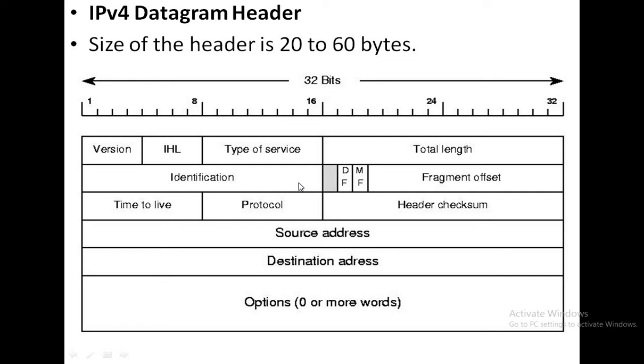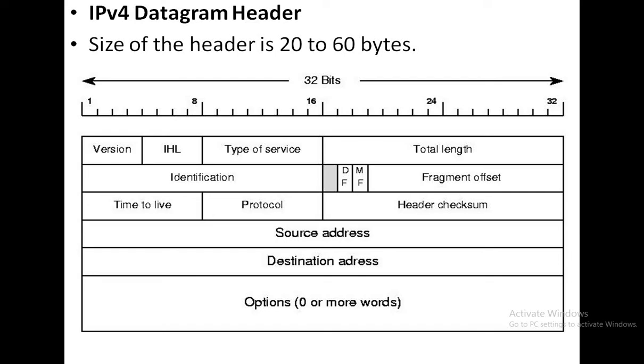It defines a datagram originating from the source host. That means it defines the datagram from where the system, the source host, is connected. So the combination of identification and the source IPv4 address must be uniquely defined.